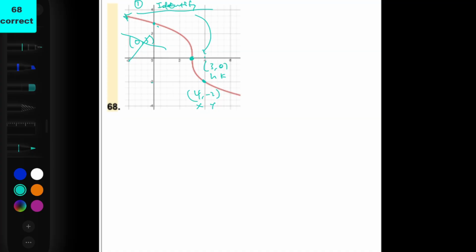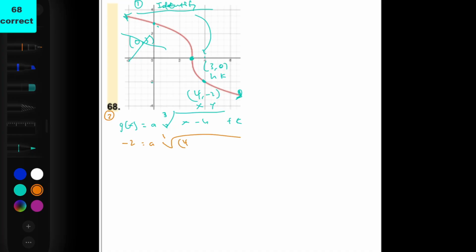Okay, so the index looks to be odd, because you have a domain and range that's all real numbers, or -infinity to +infinity. That just means this 3 up here. Okay, so now we're going to write the equation. So our y value is -2. We talked about an x value that's bigger than your h value.